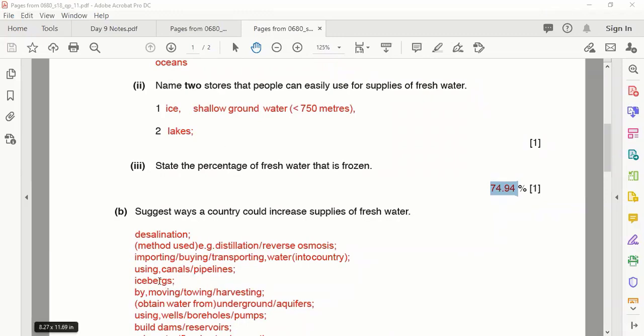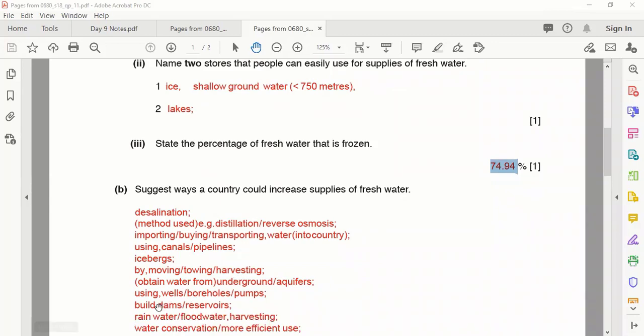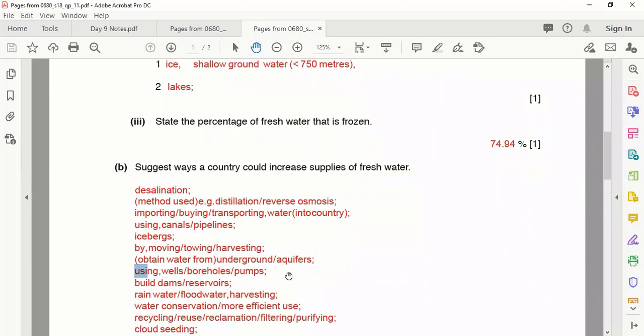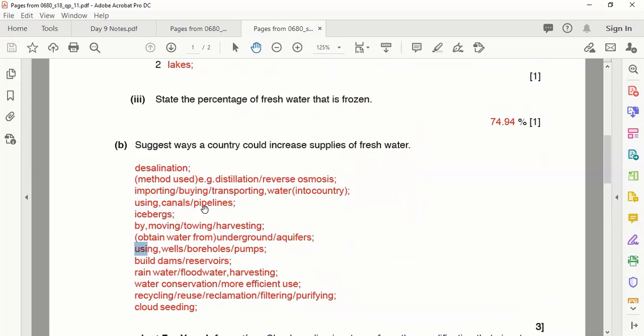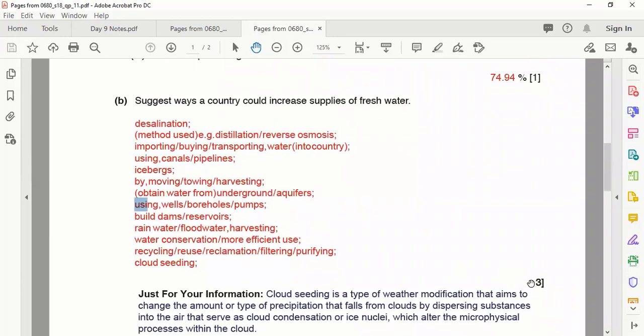After that, building dams, wells, collecting the flood water, or saving the water. These are all methods. How many marks is this one? 3 marks. Okay, so you can write any 3 methods. As I told you, you have to see the marks, and then give your answer. If 3, write any 3 methods.